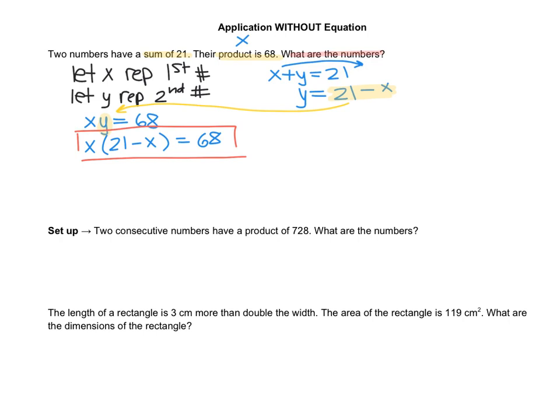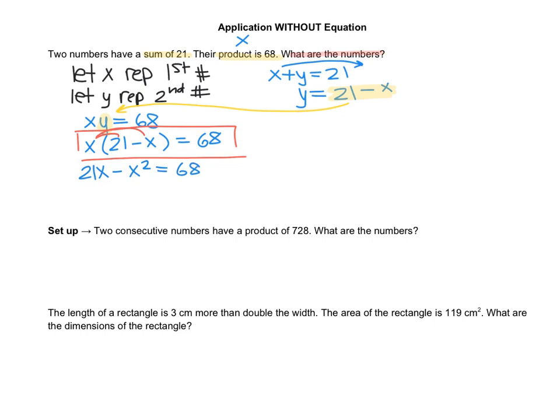Now, I know to solve a quadratic equation, it should be in standard form and one side should be equal to 0. So the first thing I'm going to do is deal with these brackets, and I'm going to distribute that x in. So that when I do x times 21, I have 21x, and x times negative x is negative x squared.